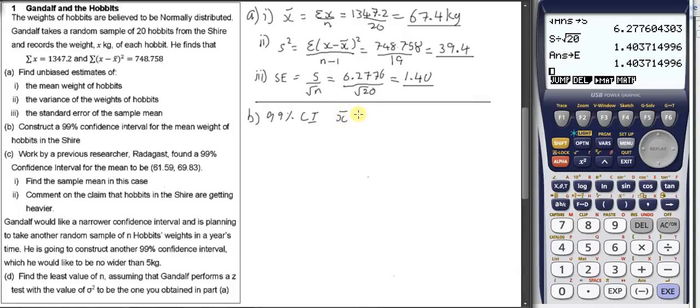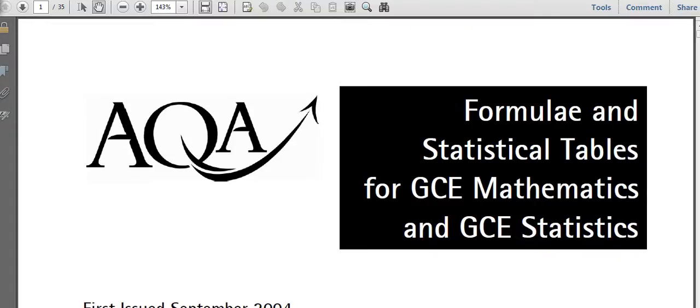So it's going to be x bar plus or minus t times s over root n, and s over root n is what we're calling e, the standard error of the mean. So x bar, we're going to need t, so degrees of freedom is n minus 1, which is 19, and it's a 99% confidence interval, so we're going to need the 99.5 value from the table.